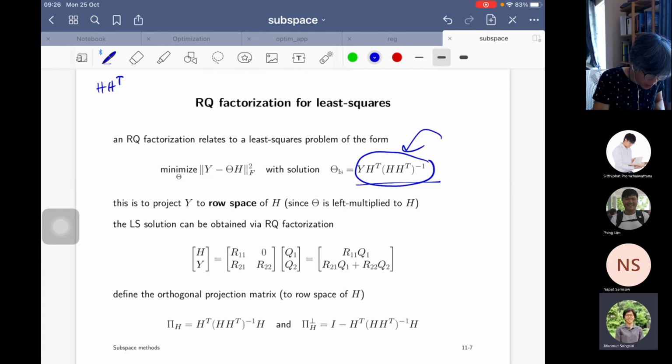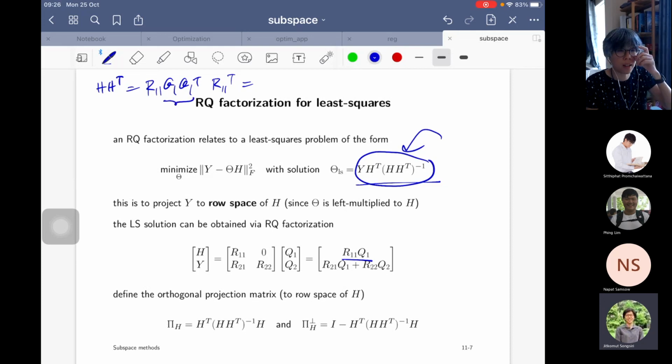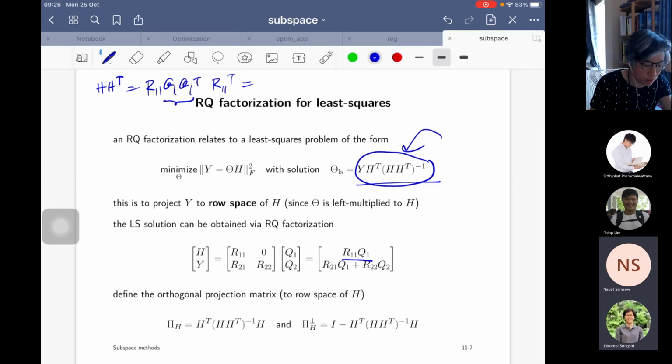H transpose is R11 Q1, and Q1 transpose, R11 transpose. But because my Q has orthonormal rows, my Q1 Q1 transpose is an identity matrix. So it gives me R11 transpose.